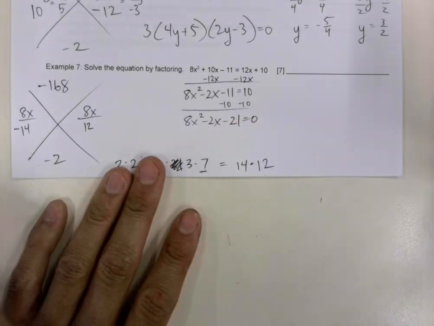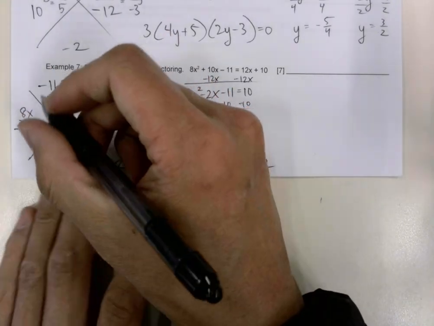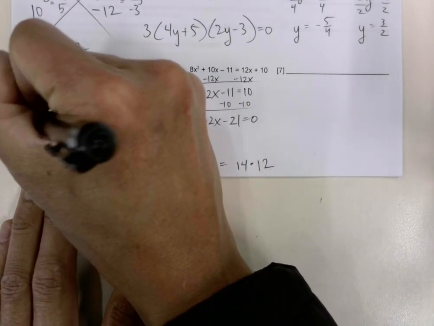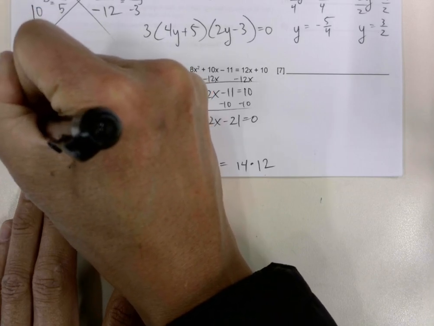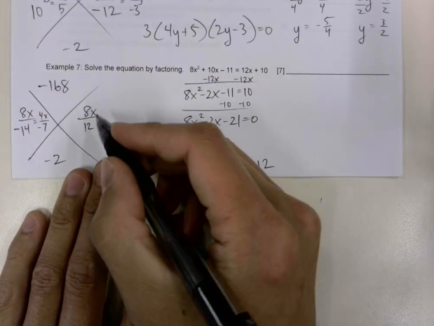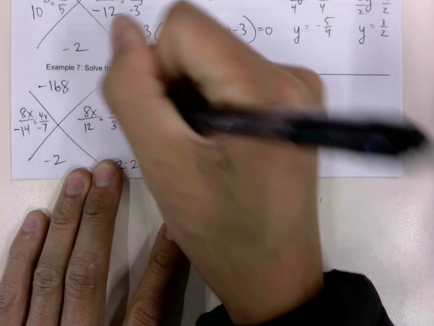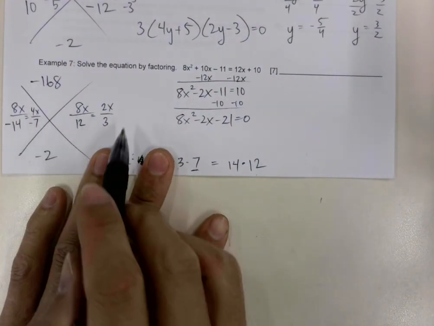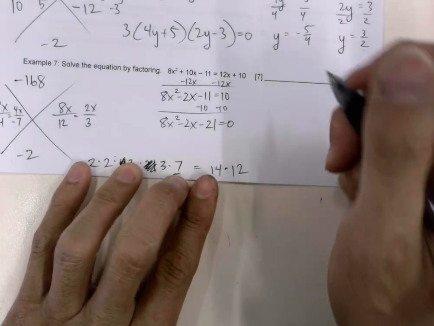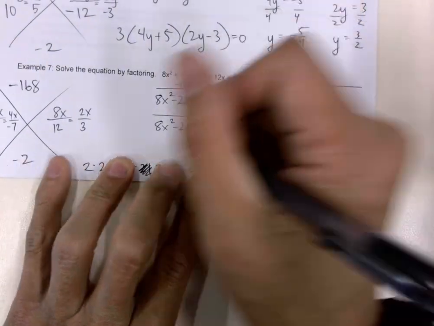Now we need to reduce. So our greatest common factor here is a 2, so it's going to be 4x divided by negative 7. Over here, our greatest common factor is 4, so it's going to be 2x divided by 3. All right, so we have our factors. Great. We can go ahead and write down our answer.